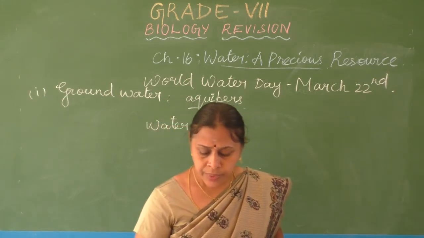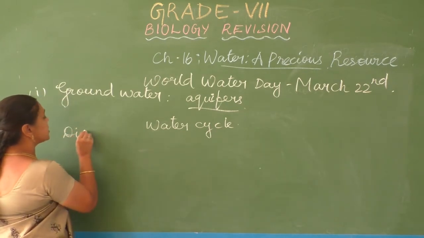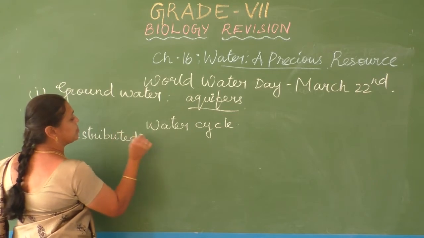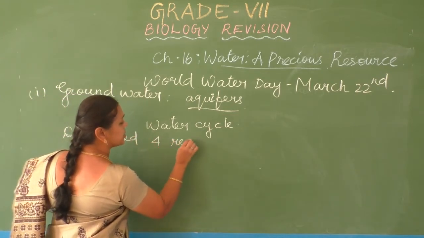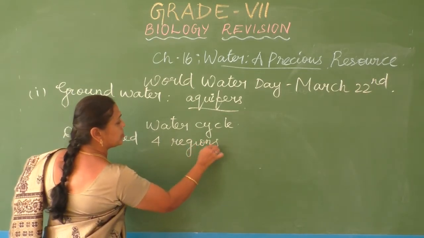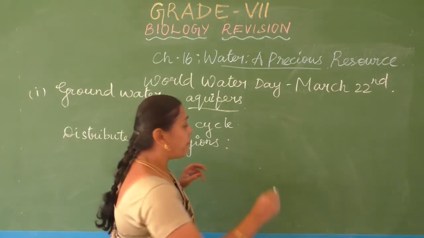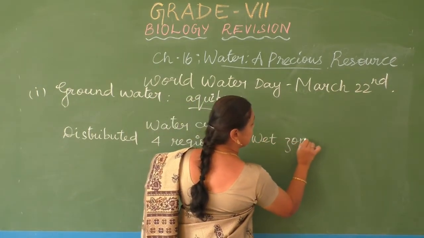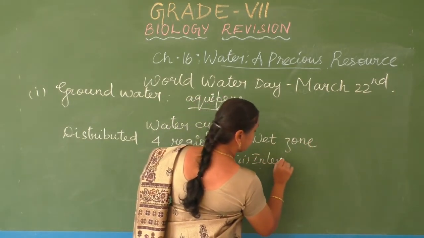That is the distribution of water. What are those 4 regions? First one, wet zone. Then intermediate zone.